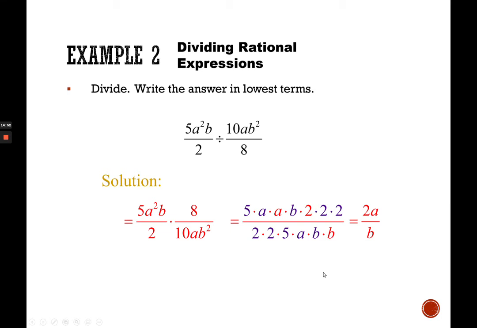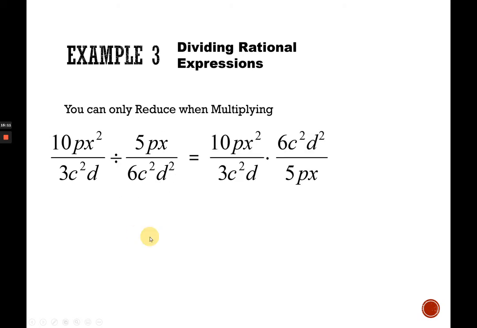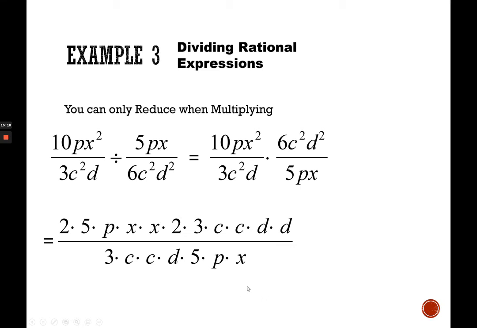Let's have a more complicated problem. Not yet. I don't think this is complicated. Let's just try this one. You have 10px squared all over 3c squared d, divided by 5px over 6c squared d squared. Flip your second fraction and then change division into multiplication. And then start factoring everything. And then start pairing up your common factors, yes, between numerators and denominators.